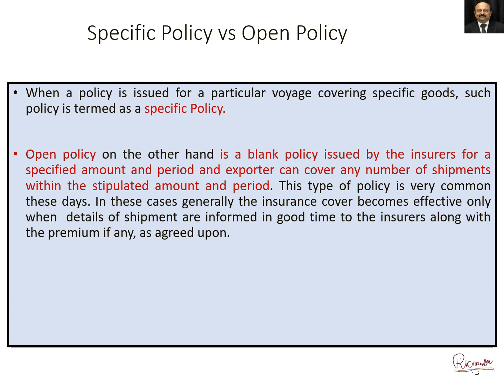So he takes an open policy of 10 crores. Within these 10 crores, he's sending various consignments. Maybe today he has sent 15 lakhs to Poland. Tomorrow he has sent 5 crores to the US. Like this, every day he's sending some consignment.